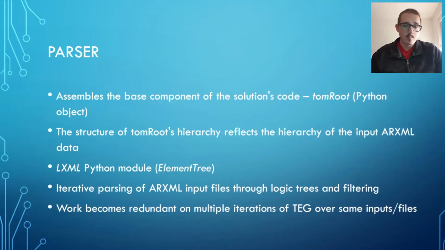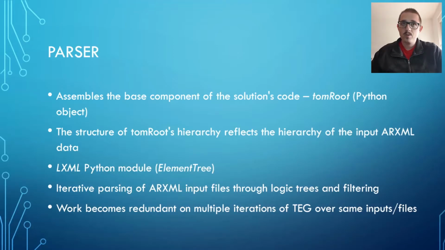Now breaking down the individual parts of this test environment generator by order, there are three main parts. There's a parser, there's a storage method, and there's a generator. So this parser assembles the base components of the solution's code into a Python structure of objects, with the primary object being called tom root.